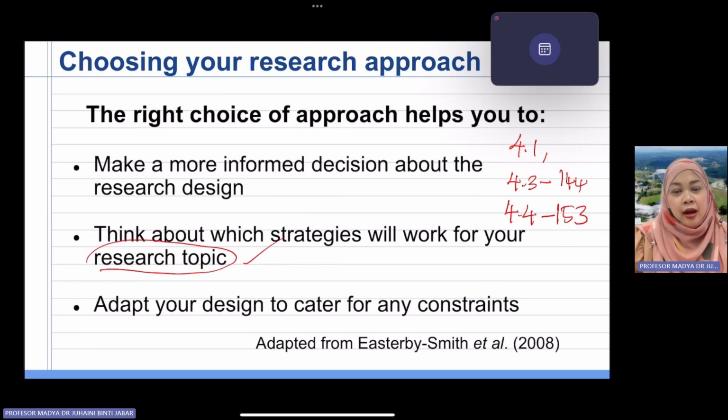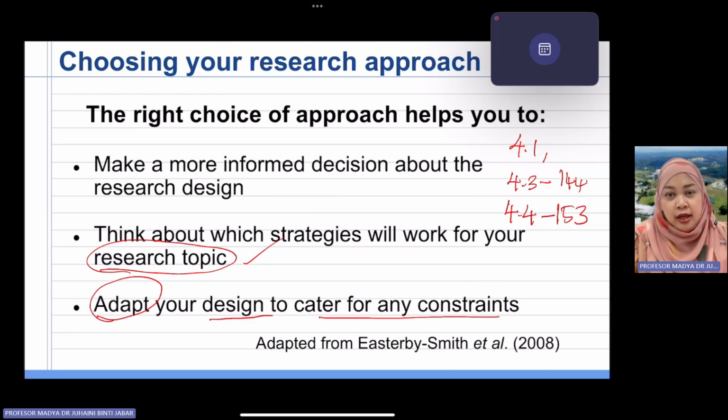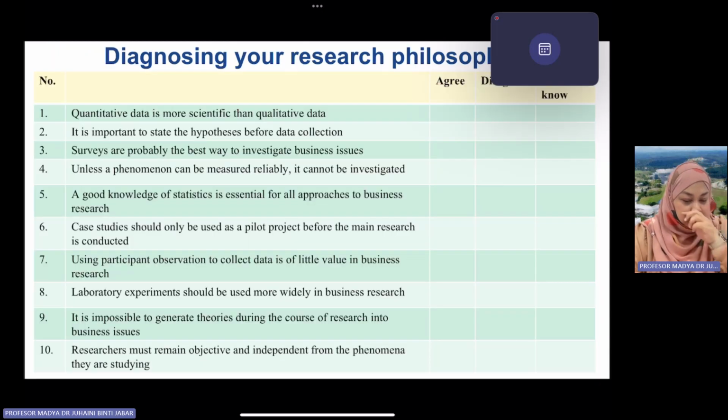That is why I asked you to think of your research topic in the past 2 weeks. Then you can adapt your design to cater to any of the constraints. For example, in the previous 2 weeks maybe you thought of a good research topic, but now you are looking into the methodology. You can still adjust to adapt your research design, and how you want to do it.